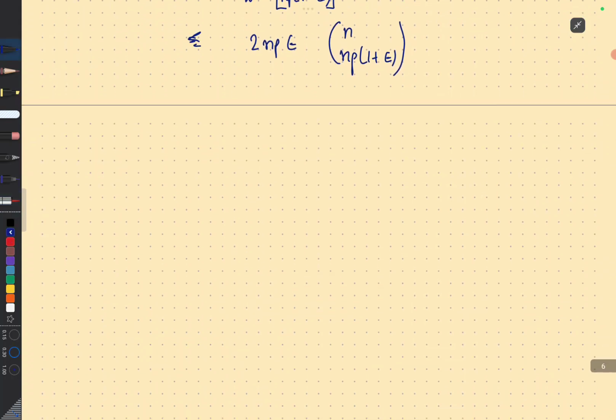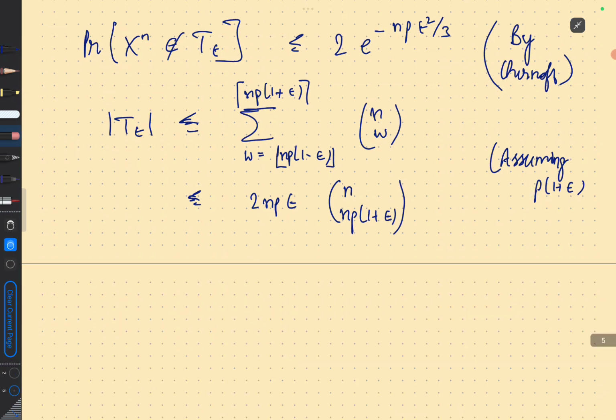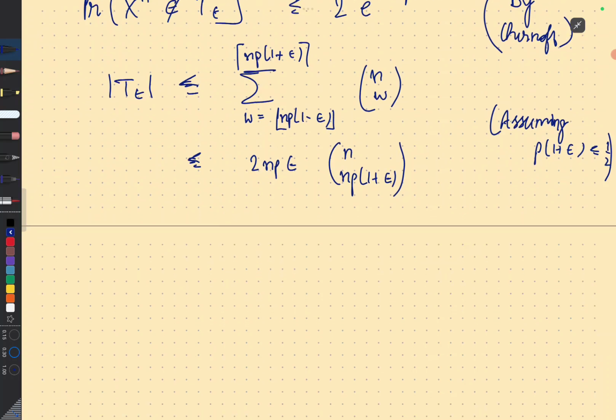This is of course assuming that p times 1 plus epsilon is less than or equal to half, which is reasonable to make because p is something between 0 and half, and you should think of epsilon as something very close to 0.